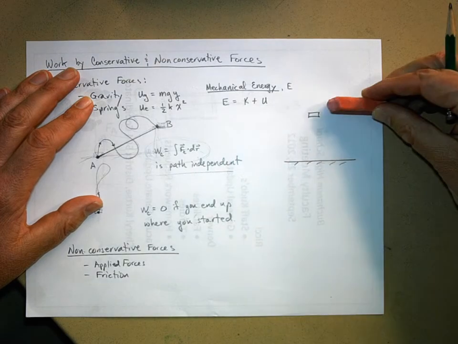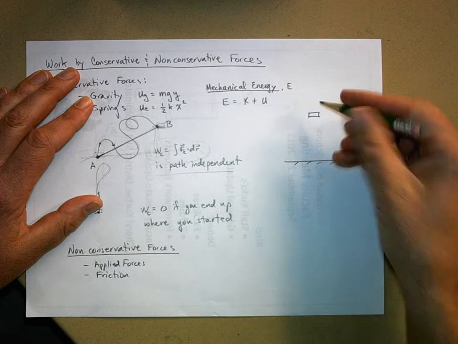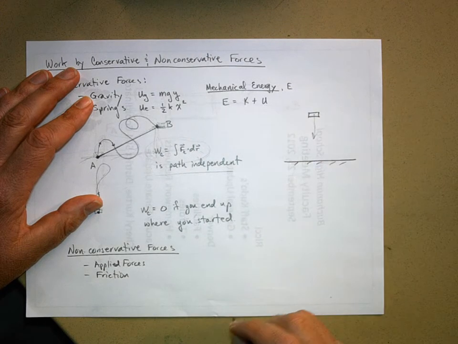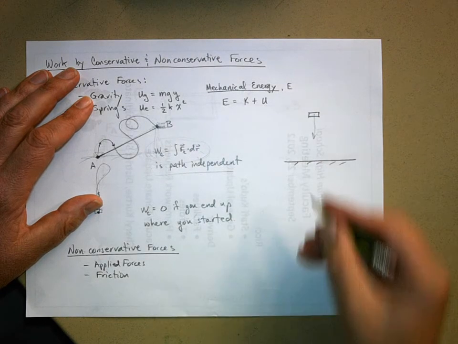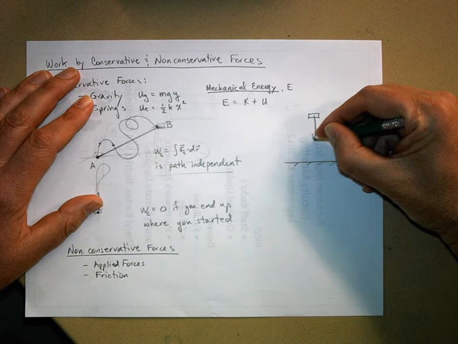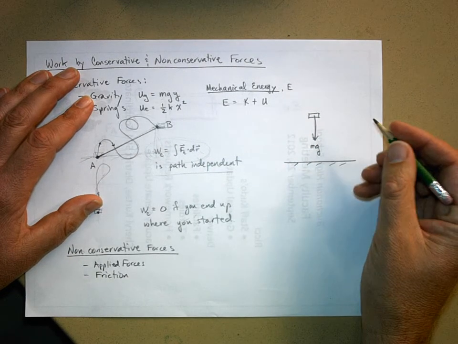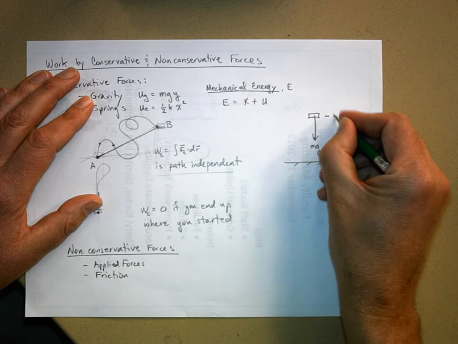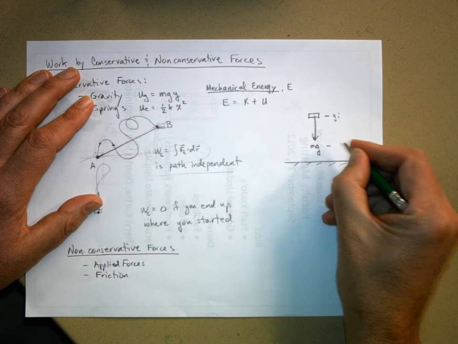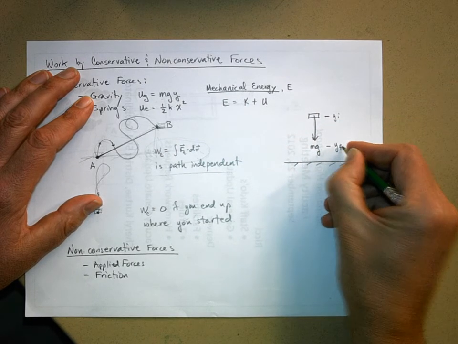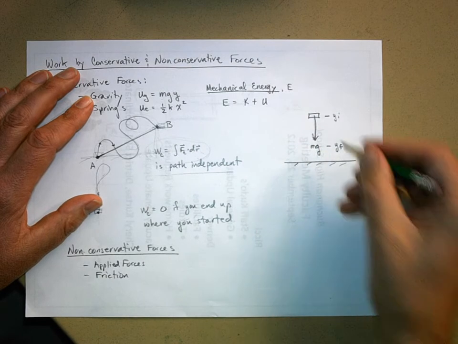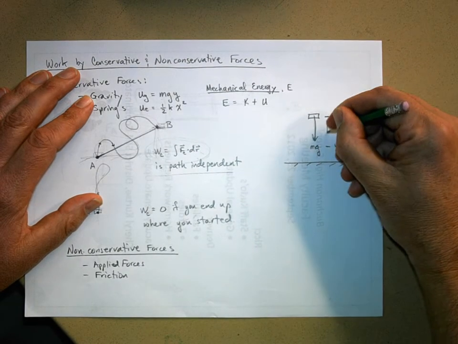I'm going to hold it right here, and I'm going to let it fall to the ground. Now, I think it's easy to see that, look, here's the force of gravity, and here's my y initial. Here's y final. Maybe we'll just look at it just before it hits the ground. So here's delta y.